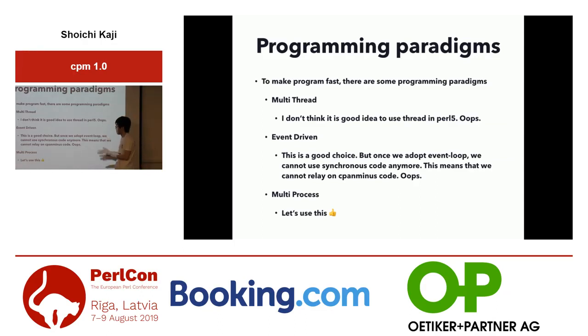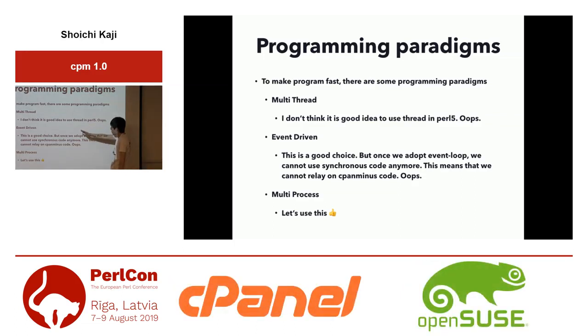But once we adopt an event loop, we cannot use synchronous code anymore. CPM actually uses cpanm internally, so if we adopt event-driven, this means we cannot rely on cpanm code. So I don't adopt this choice.